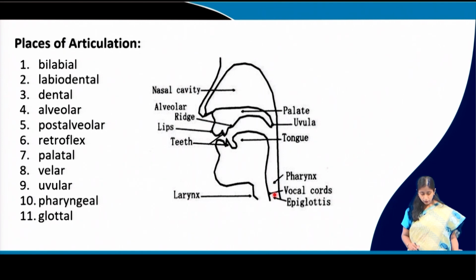And then we have glottal sounds from this portion of the mouth, where the glottis actually tries to block the air and then it is released to produce glottal sounds. So, these are the various places of articulation. When I talked about IPA, you saw lots of symbols there, but let me also tell you that not all the symbols or sounds are present in all languages.